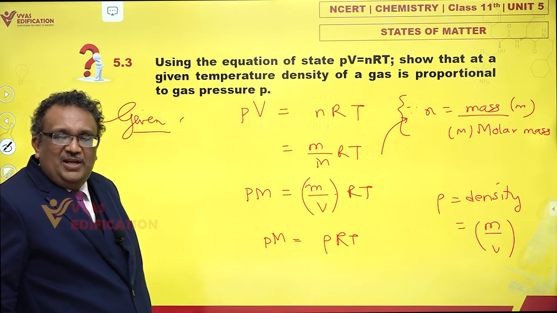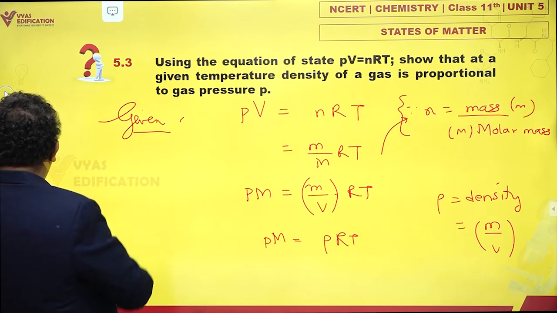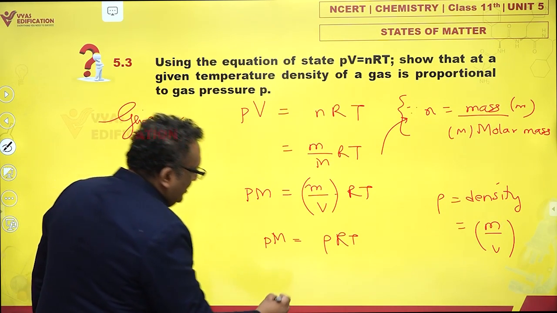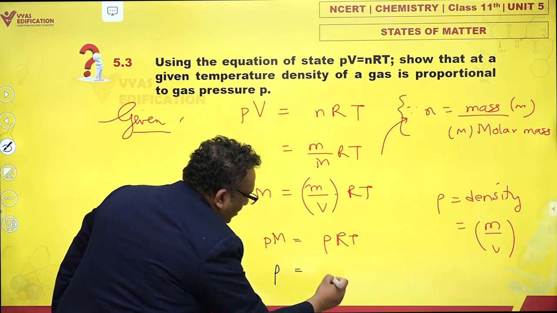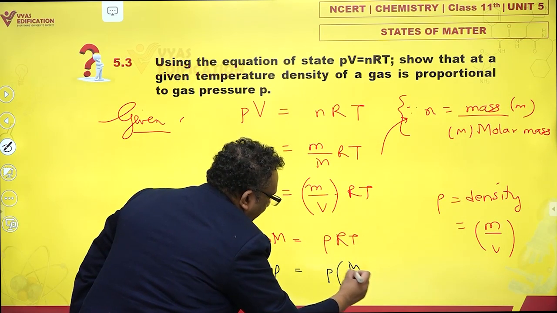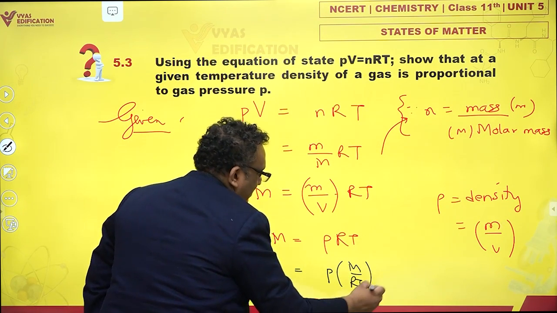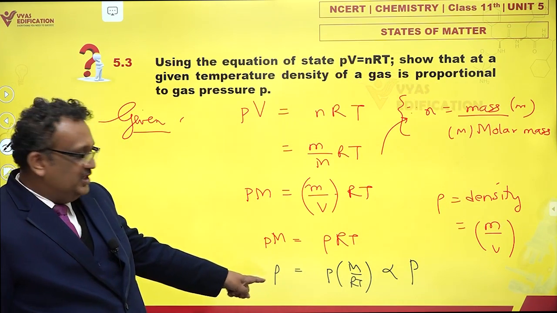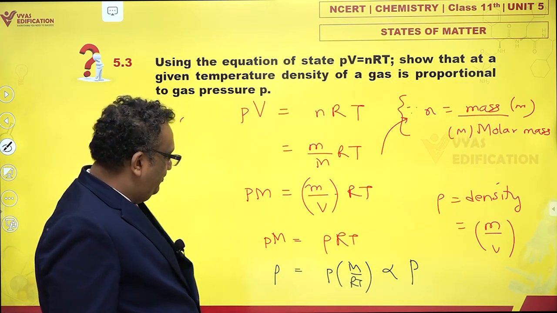Oh wow, it's done. I was supposed to show that density of gas is proportional to gas pressure P. So density is equal to P into M by RT. This is proportional to P. So density rho is proportional to pressure P.